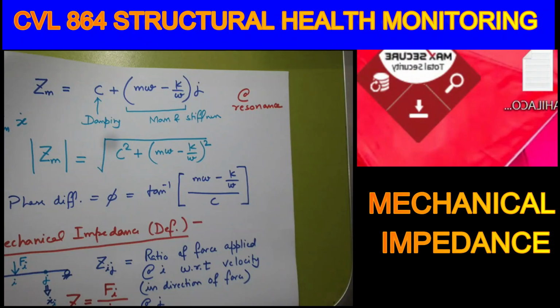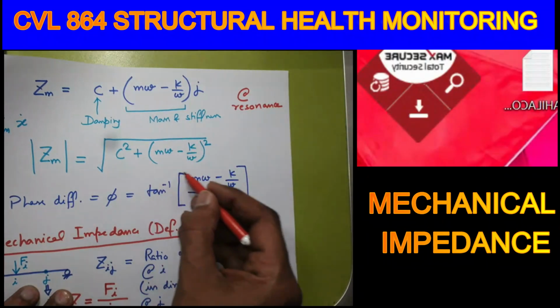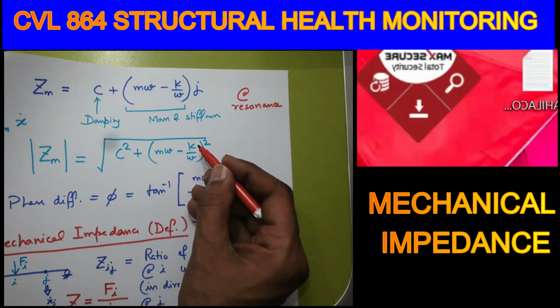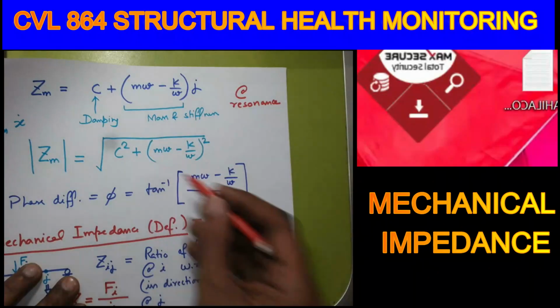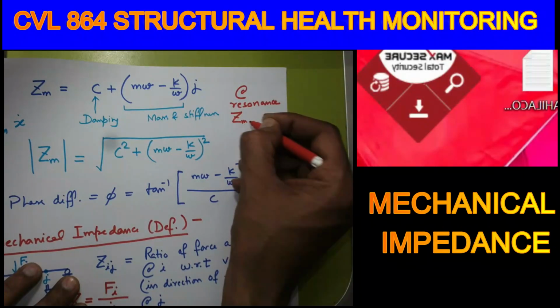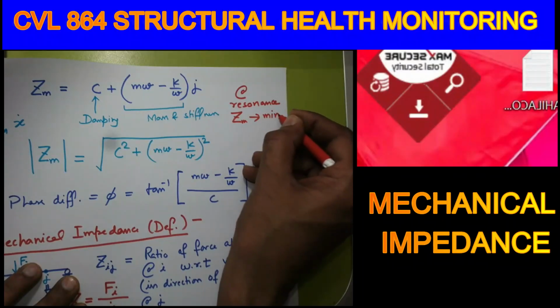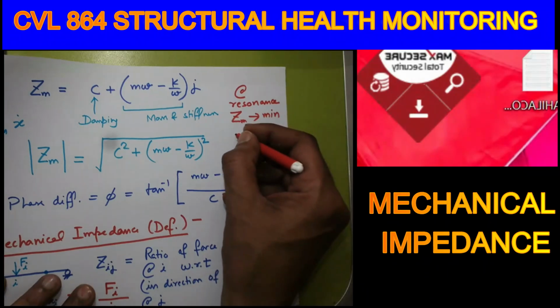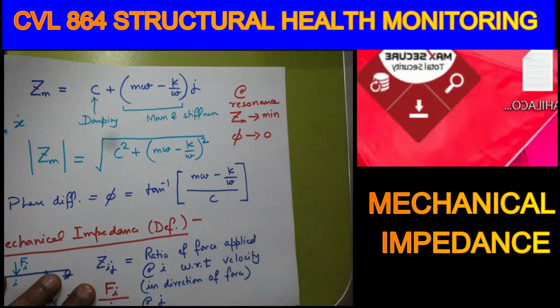See, at resonance, the inertial force and the elastic force counterbalance each other, because K will be M into omega square, so this term will be 0. So at resonance, Zm is minimum, and there will be no phase lag between the force and the velocity. The phase lag will be 0 at resonance. Okay?